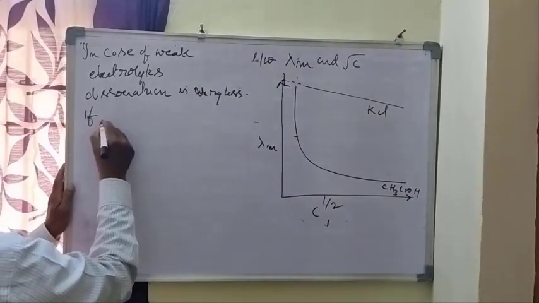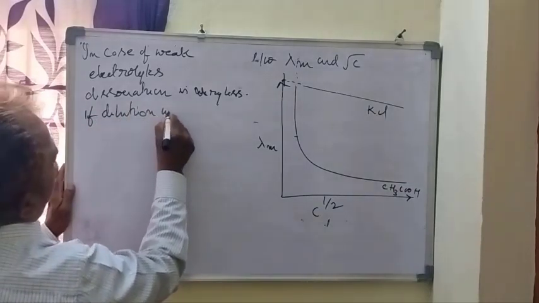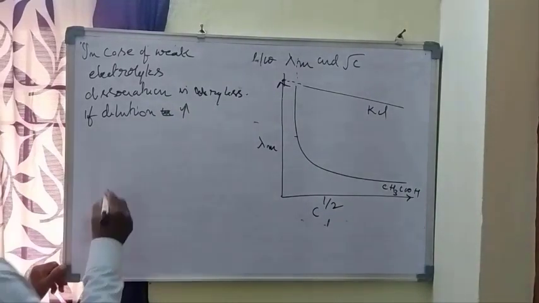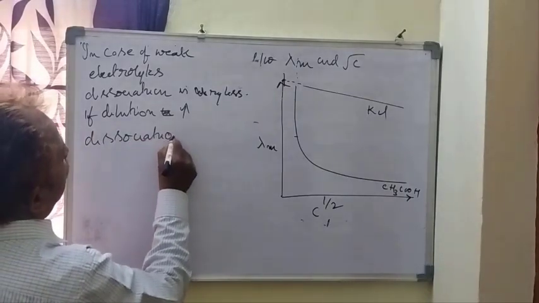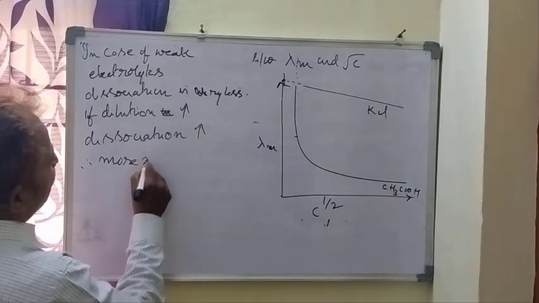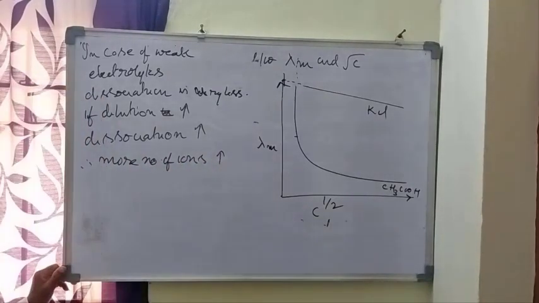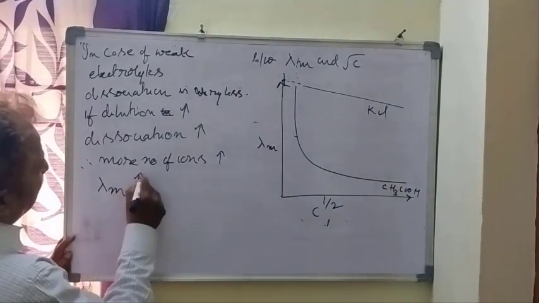So, if dilution increases, or the amount of water increases, what happens? Dissociation also increases. Therefore, more number of ions are available. As more number of ions are available, lambda m increases.